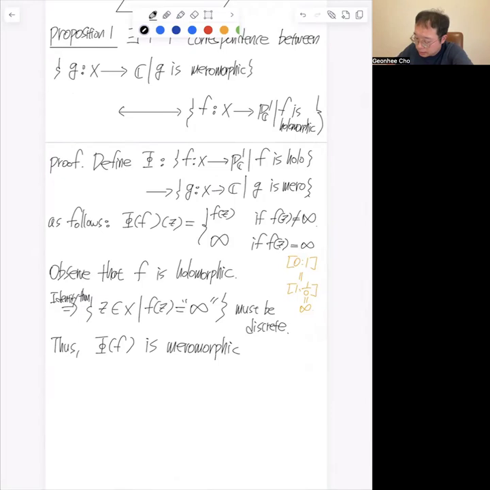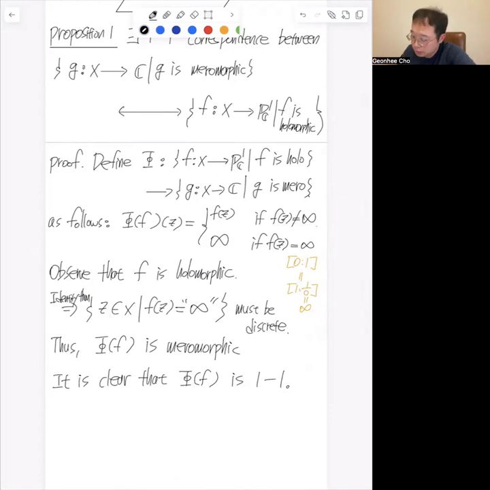So it is clear that big phi of f is one to one. It just follows from the definition of a one-to-one map: two distinct points in the domain map to two distinct points of the codomain.